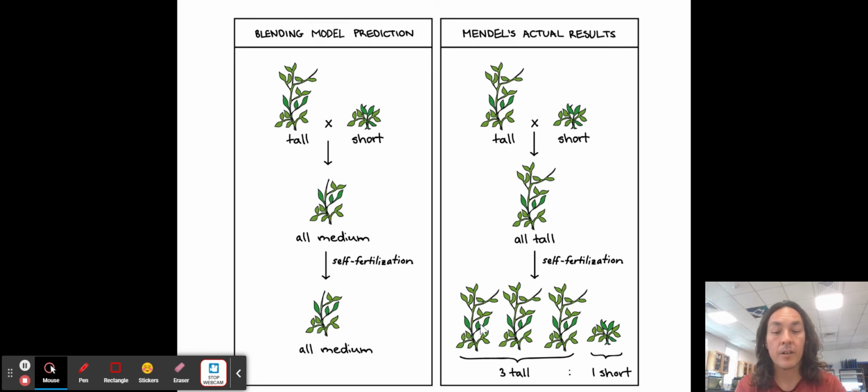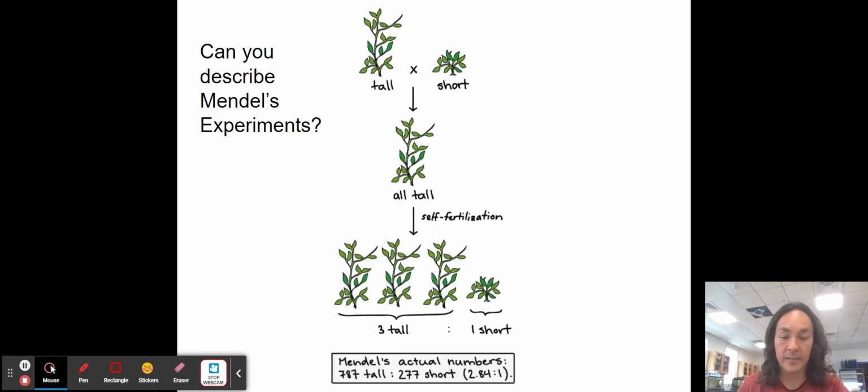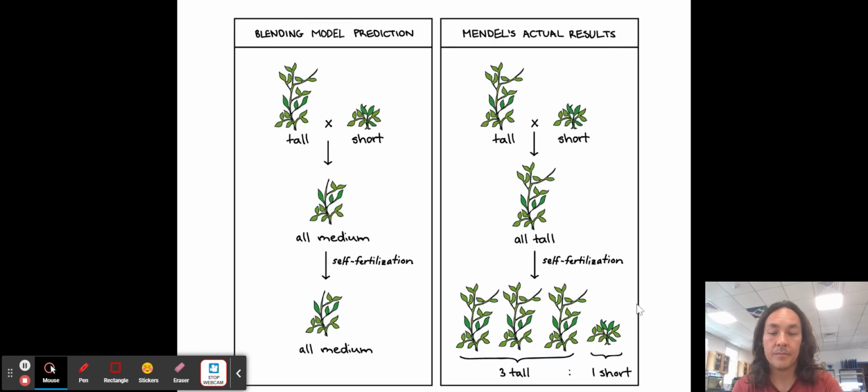Here's Mendel's actual results. Oh, one thing to note here, his actual numbers are 787 tall, 277 short. So it's not quite 3/4 and 1/4, but it's pretty close, right? 3/4 would be 750 and 1/4 would be 250. So it is a probability.